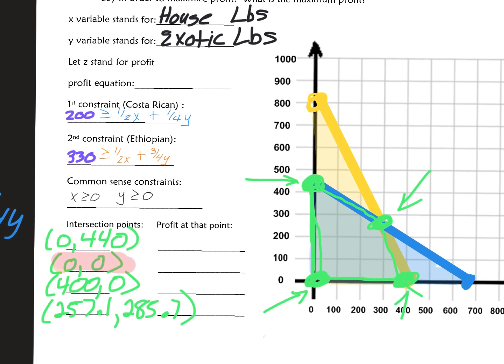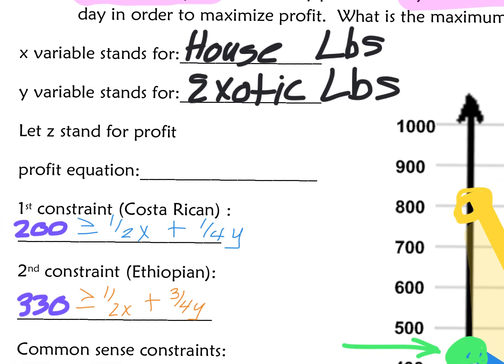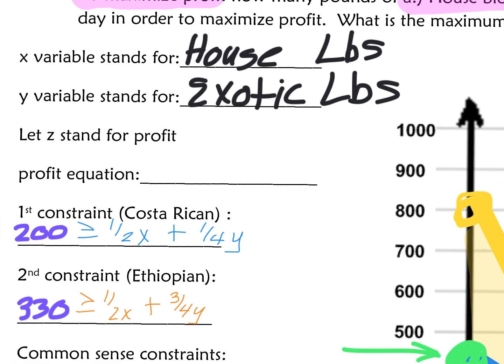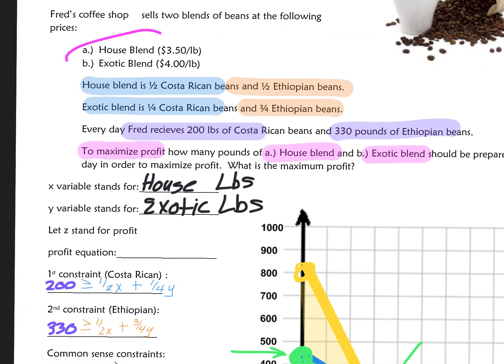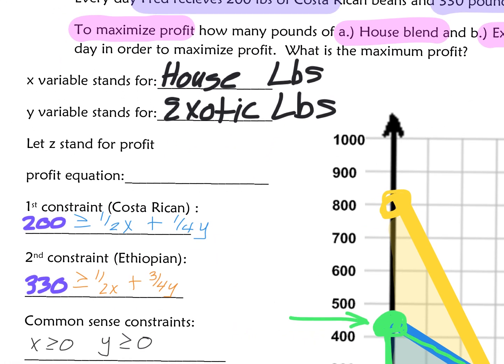So let's go back up to this equation that we skipped. We're looking for the equation that represents profit. Well, we haven't done anything with this yet: how much he charges for each blend. And that is going to be our profit equation. So since he sells the house blend for $3.50, I'm just going to cut off the 0 to make it shorter here.